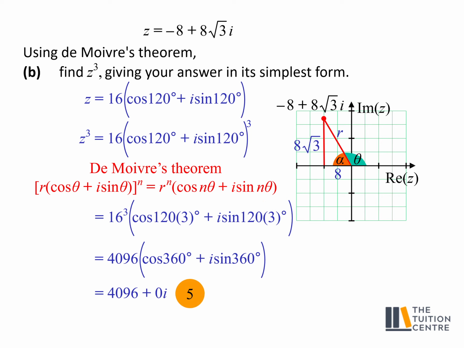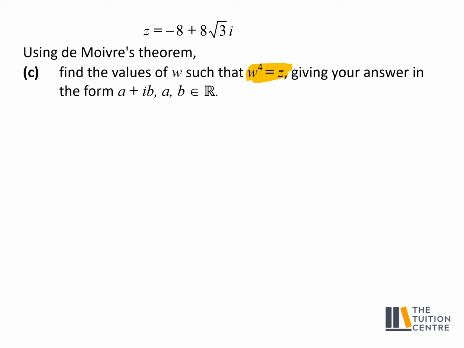Now we move on to the last part, where it says find the values of w such that w to the power of 4 is equal to z, and give your answer in the form of a plus ib. Now, the clue here that I'm going to use general polar form is the fact that it says values.